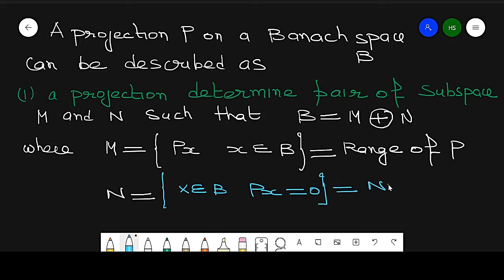So a pair of linear subspaces M and N such that B is the direct sum of M and N determines a projection whose range and null space are M and N. So remember this.